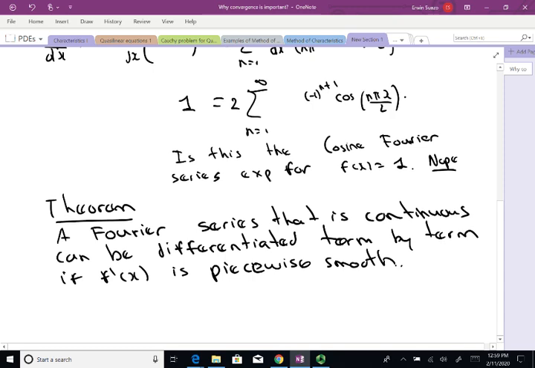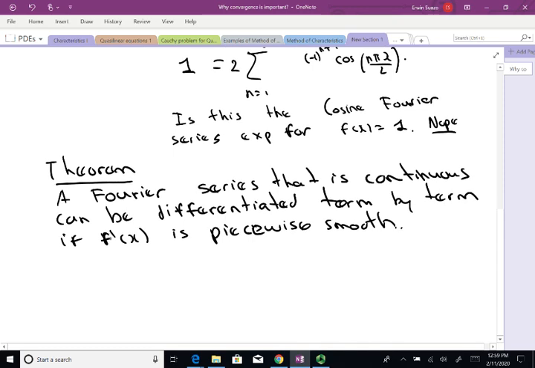Okay, so the derivative of the function has to be piecewise smooth. But this is kind of incomplete.